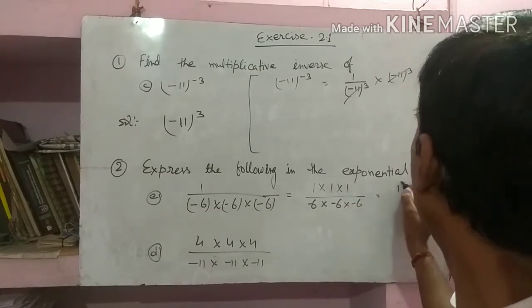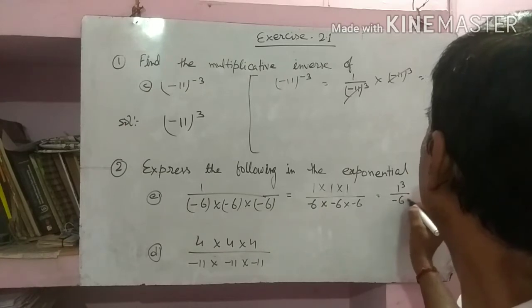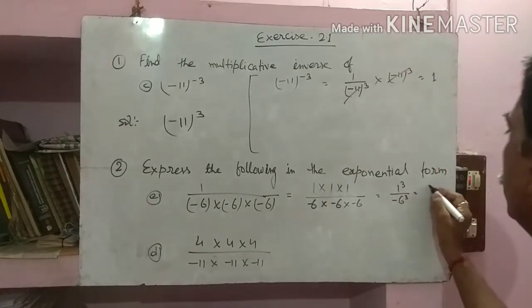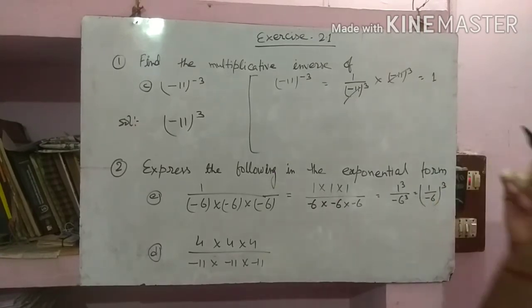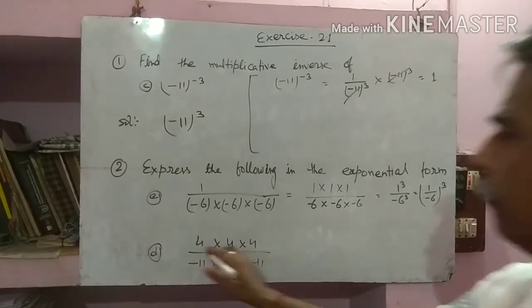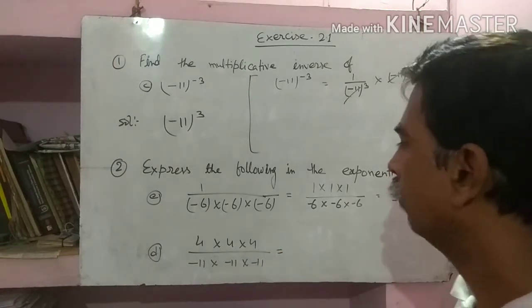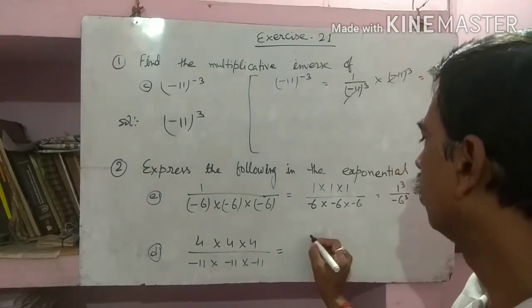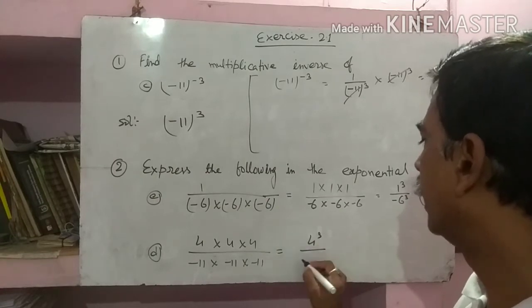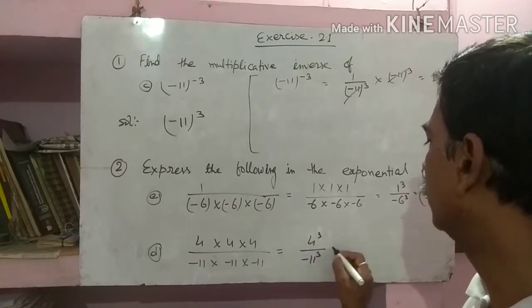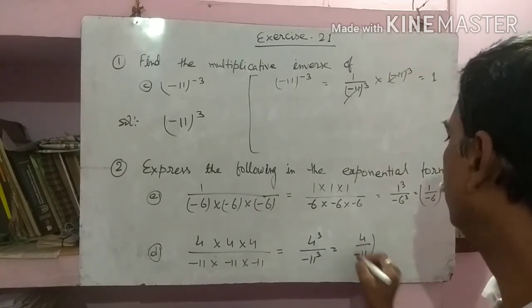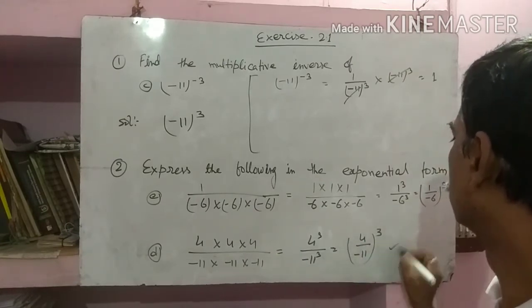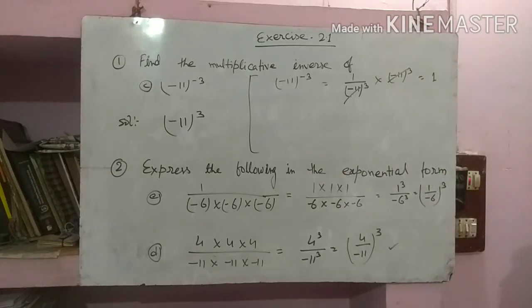Then it will be 1 to the power 3 by (−6) to the power 3, and finally you can write (1/−6) whole to the power 3. Okay. Similarly, there are 3 times multiplication of 4. So it will be 4 to the power 3 by (−11) to the power 3, and finally you can write like this, (4/−11) whole to the power 3. So this is the answer of this one. Okay. So write this one also.